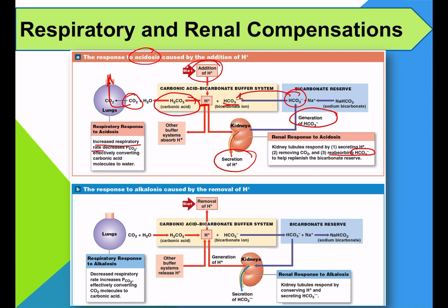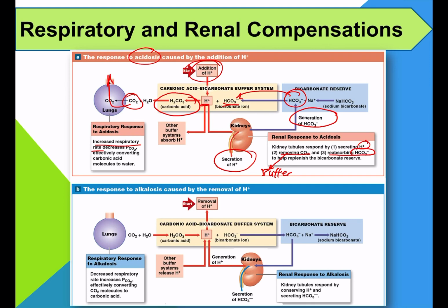So those are the three things that your kidney does, okay? Secrete hydrogen ions, remove CO2, and reabsorb bicarbonate. And we already know how it removes CO2 by that same buffer system that exists within the kidney itself. All right.